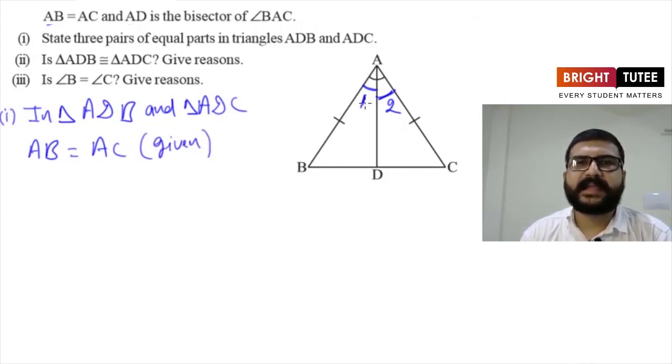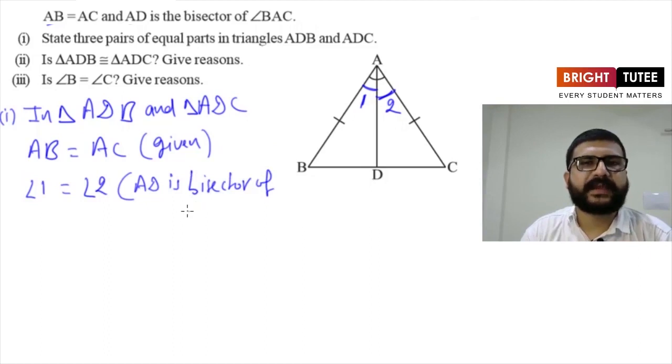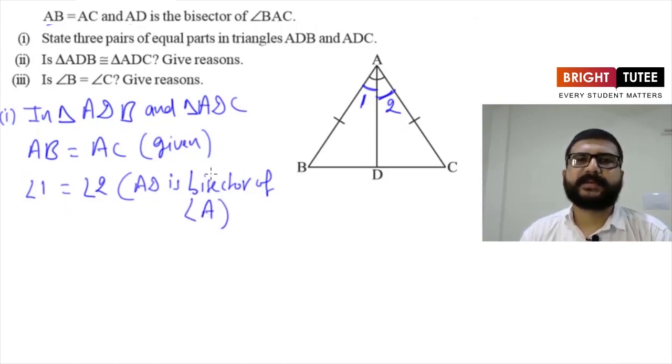And what else is given? That angle 1 is equal to angle 2. So here we can write angle 1 is equal to angle 2 because AD is bisector of angle A. So it means angle 1 will be equal to angle 2 here.